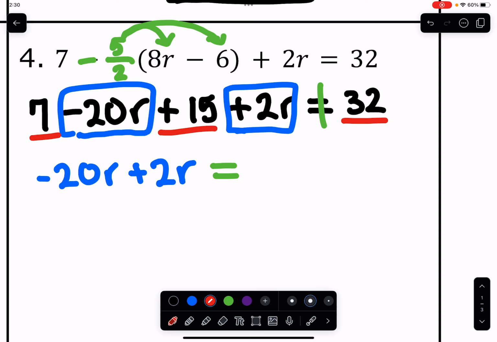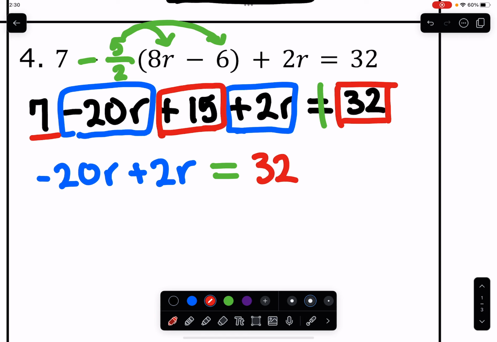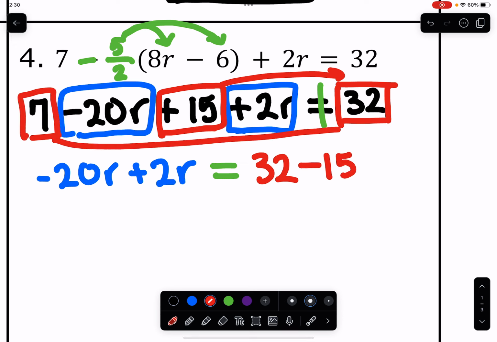Well, 32 is already on the right side, so that's going to stay as 32. However, 15 needs to be moved to the right side, so that makes it negative 15. And 7 needs to be moved to the right side as well, so that's going to change it from a positive 7 to a negative 7.